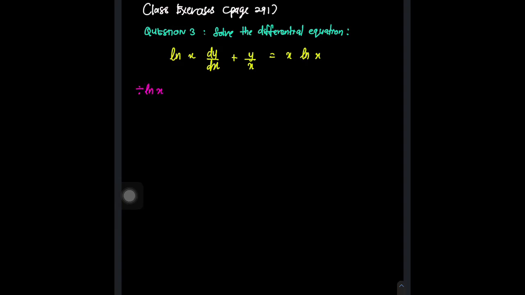So you will get dy over dx plus 1 over x ln x times y is equal to x. So this is your p(x), this is your q(x). So your p(x) is equal to 1 over x ln x.